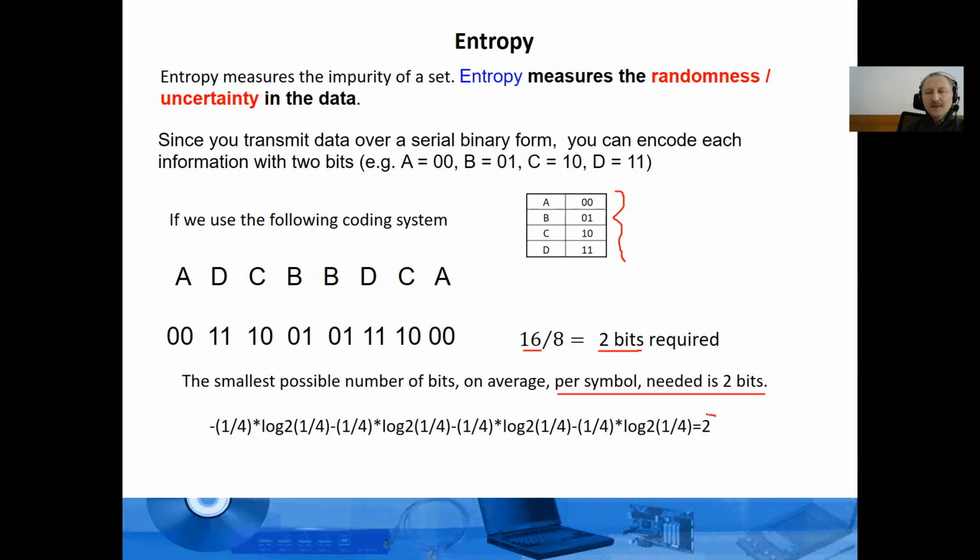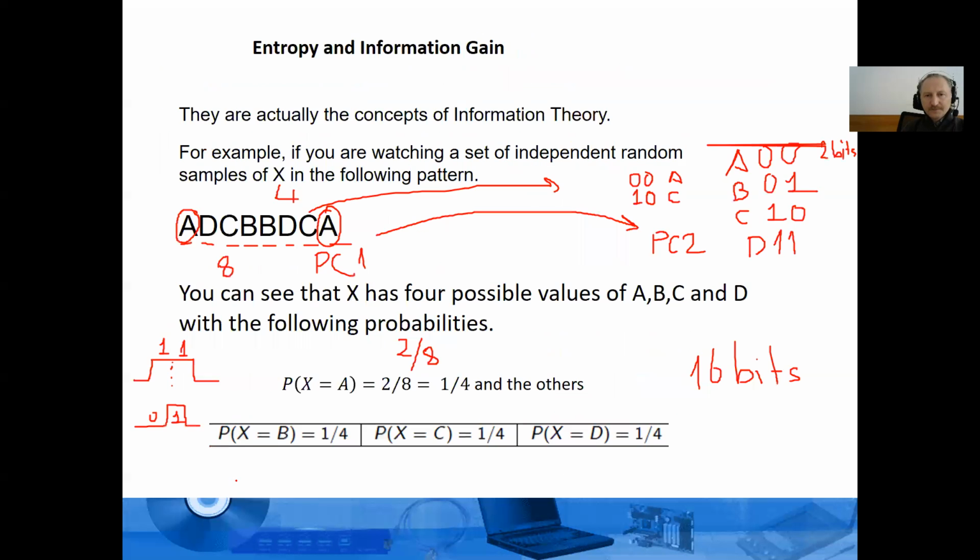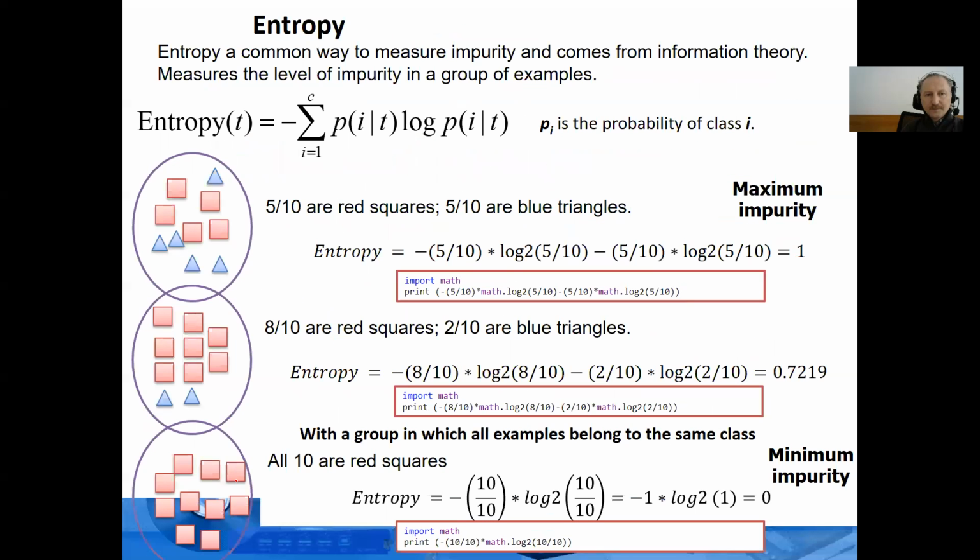How can you find these 2 bits? By using, look at this, it looks like the entropy formulation. What was the entropy formulation? This one.